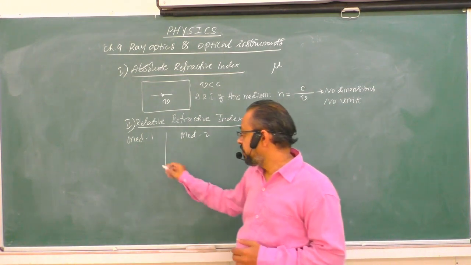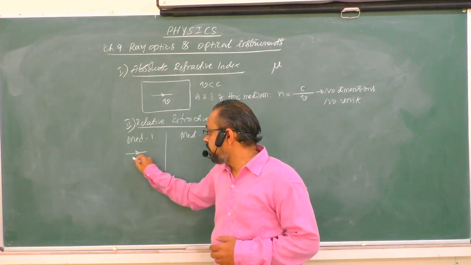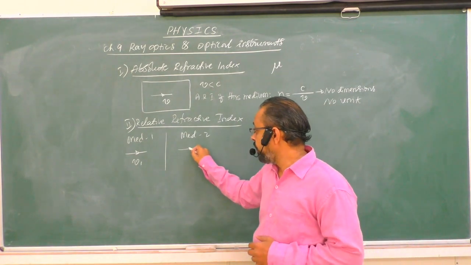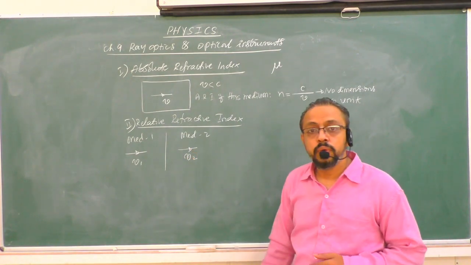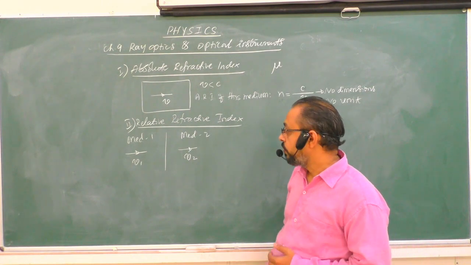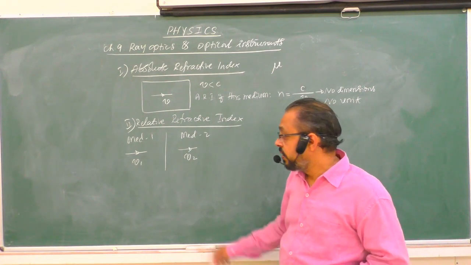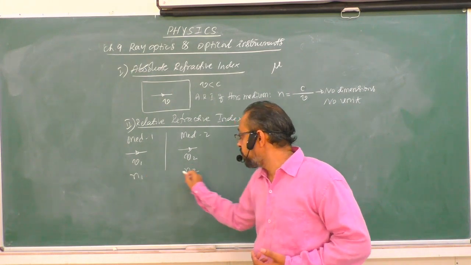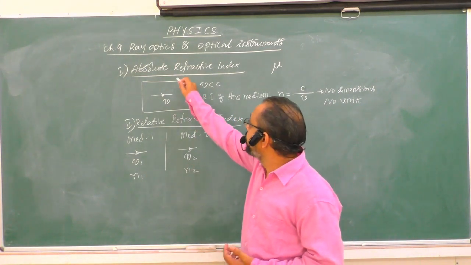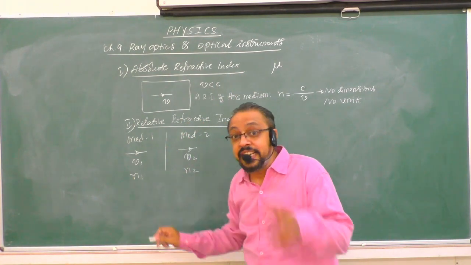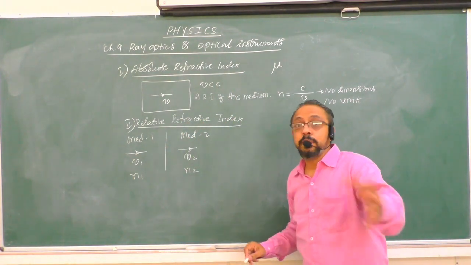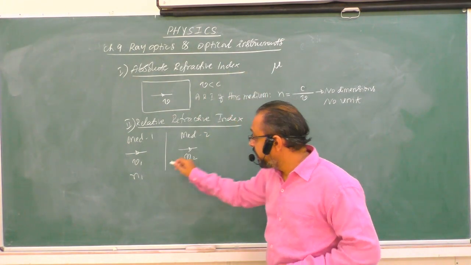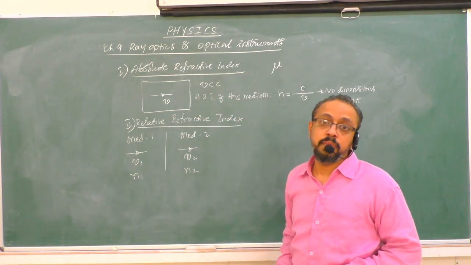If I say the speed of light in first medium is v1 and speed of light in the second medium is v2, now I can define two terms n1 and n2, and these two terms are absolute refractive indices, index singular, indices plural, right? So n1 and n2 are absolute refractive indices of medium 1 and medium 2.